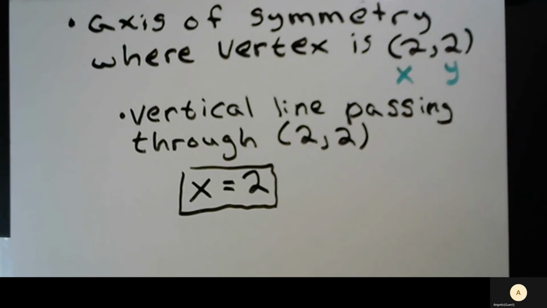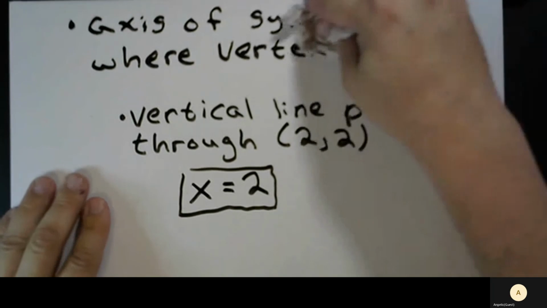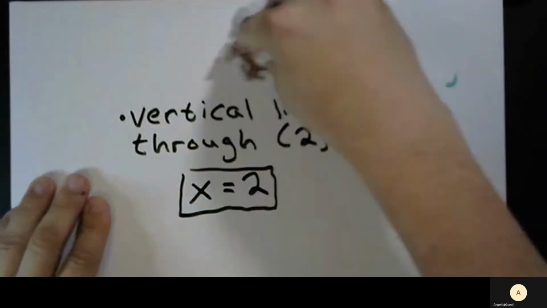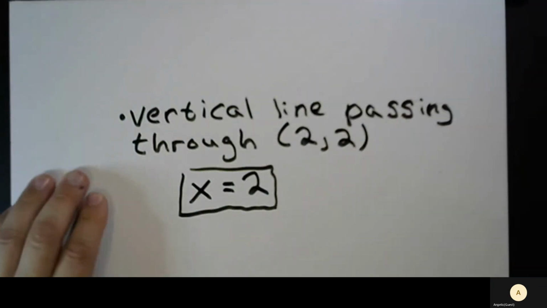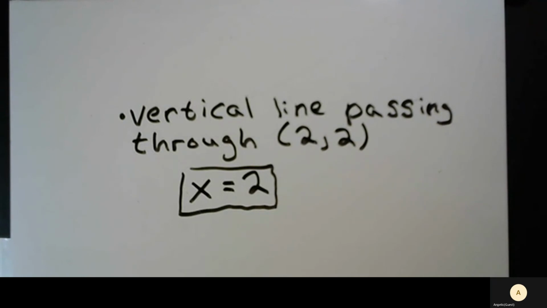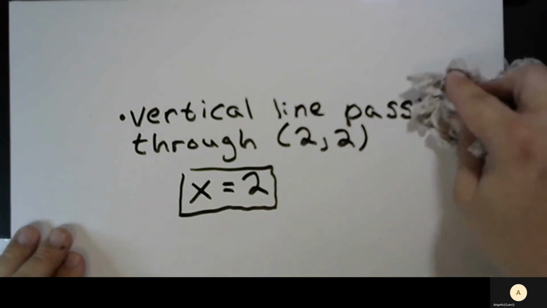Now, the other 2 things we ask about for parabolas is where they cross the x and y axis. And sometimes they don't cross the x-axis. That is possible.